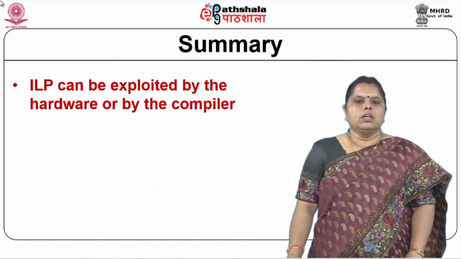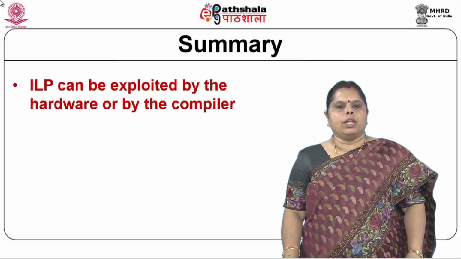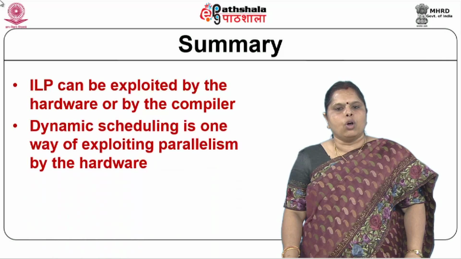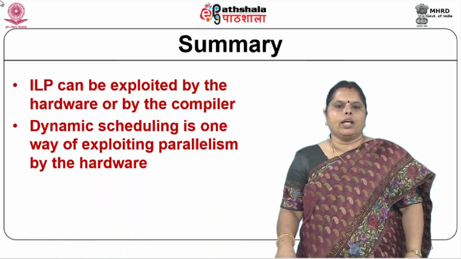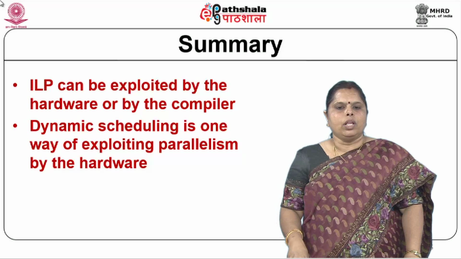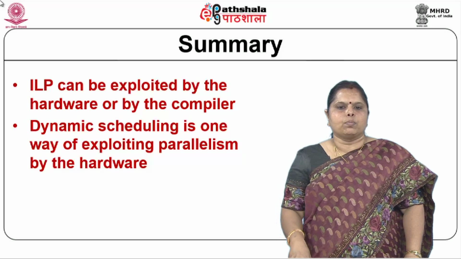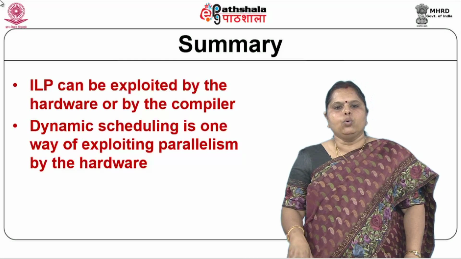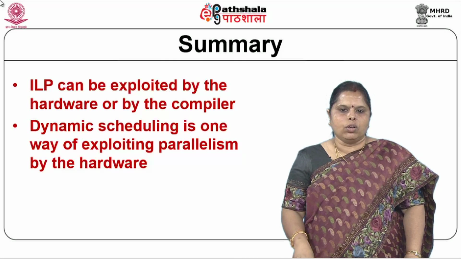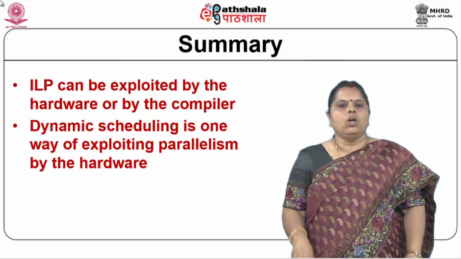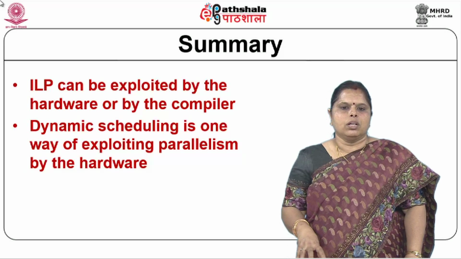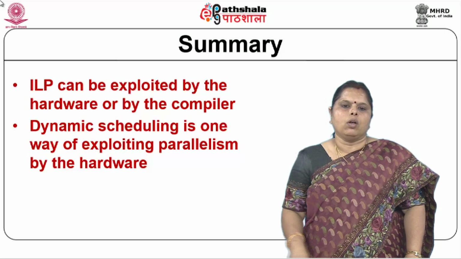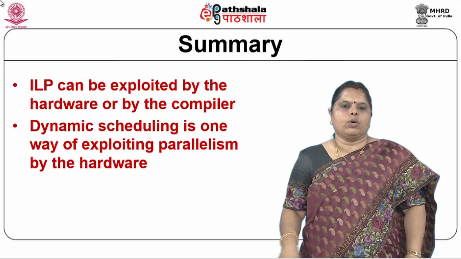To summarize, we have seen that ILP can be exploited both by the hardware as well as by the compiler, and it is not possible to just look at exploiting ILP within a basic block. So, we will have to look at exploiting it at the loop level. If we are exploiting at the loop level, we will have to do dynamic unrolling of the loop using dynamic prediction, or static unrolling of the loop using static prediction. Similarly, we will have to do a register renaming process to handle all the name dependencies that arise.